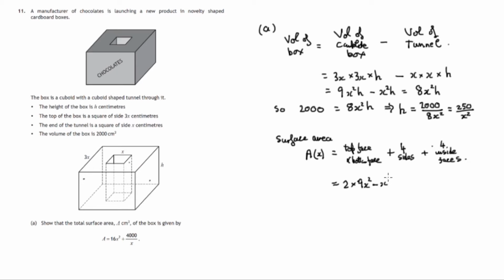So there's 2 lots of 9x squared minus x squared. And then there's 4 sides, each side being 3x times h, 3xh. And then there's the 4 inside faces, each of them is a rectangle, x times h.